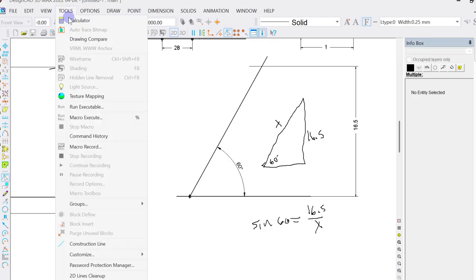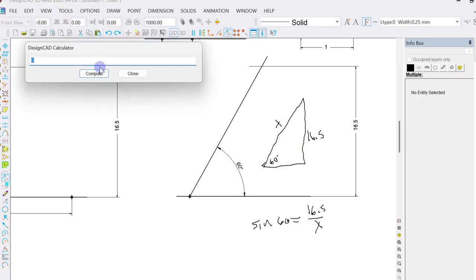So tools, calculator, 16.5 divided by sine of 60. Control C, Control V, equals, Control C again, and then Control V. That's the formula.